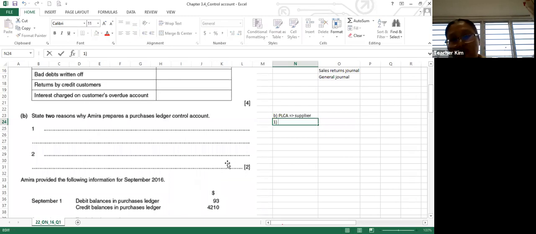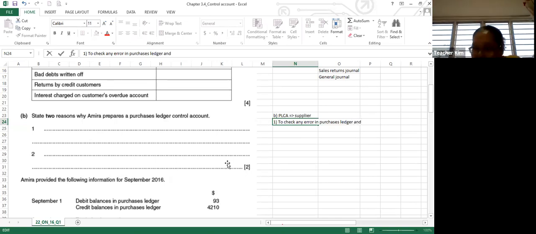The purpose of preparing a control account is to check any error in the purchases ledger and the purchases ledger control account.